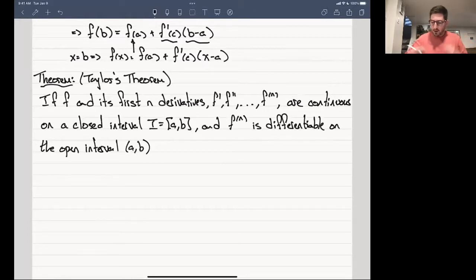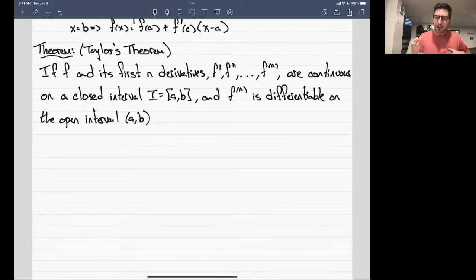So everything is continuous on the closed interval, and then the last derivative is differentiable on the open interval. These conditions are more technical than you're probably going to need, but they become useful as you get into higher level and more advanced mathematics.